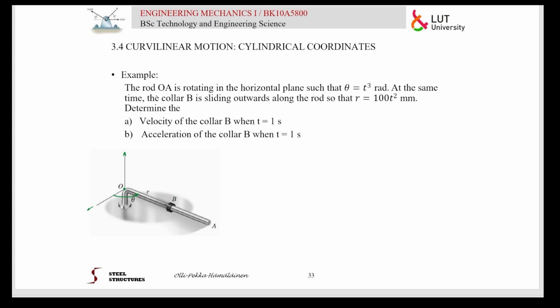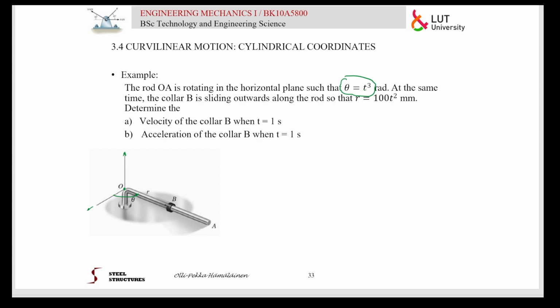It says the rod OA is rotating in the horizontal plane such that theta equals t squared. When they have this written like this, it's telling us, as a simple example, that at t equals 0, theta is equal to 0.